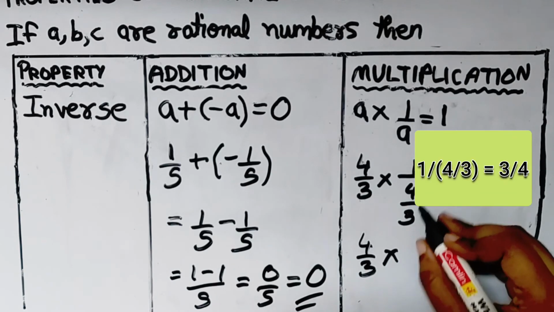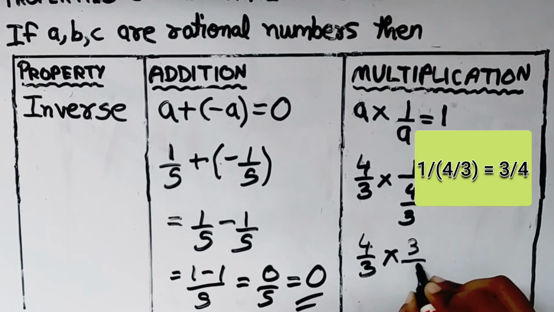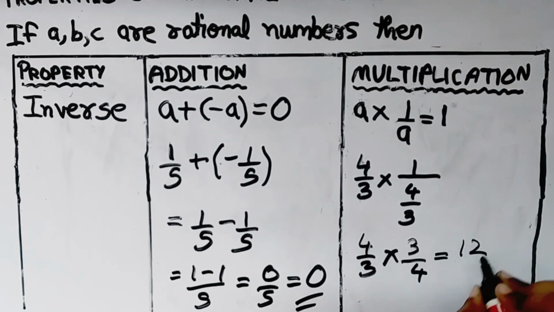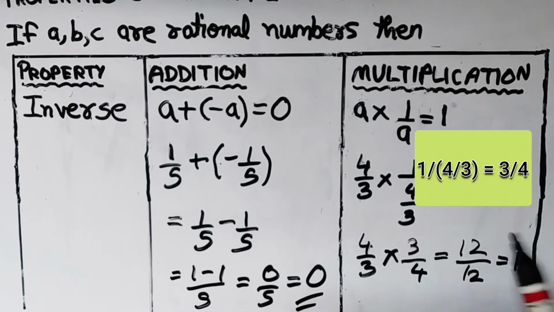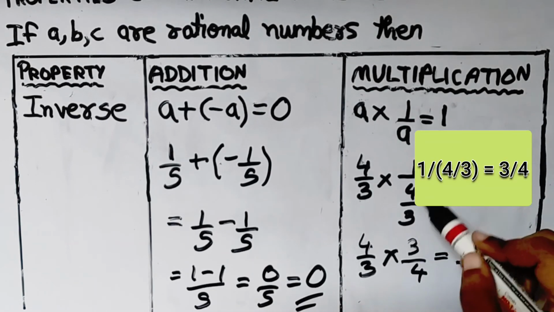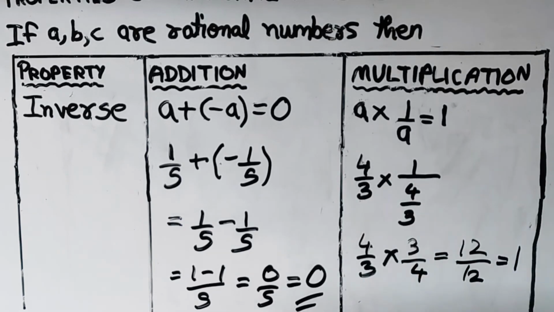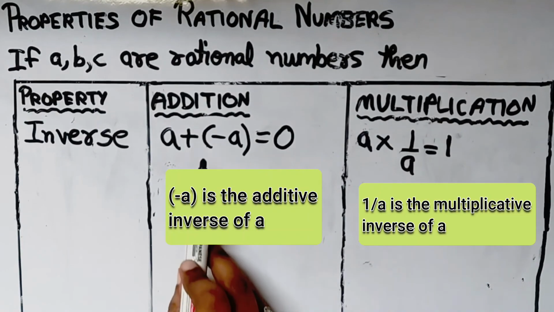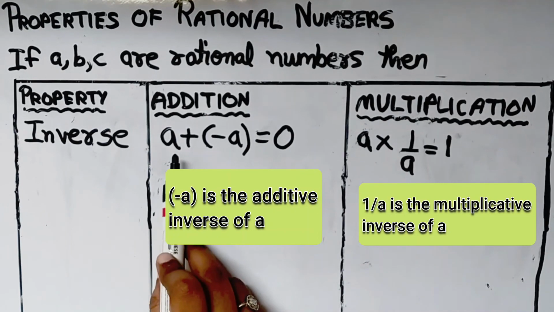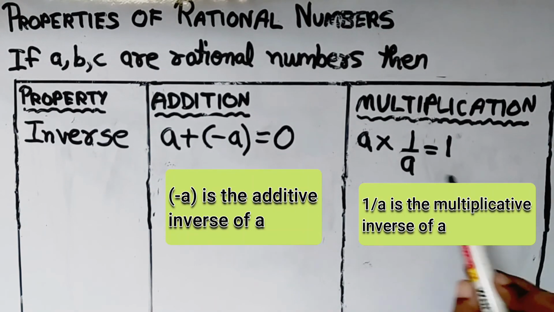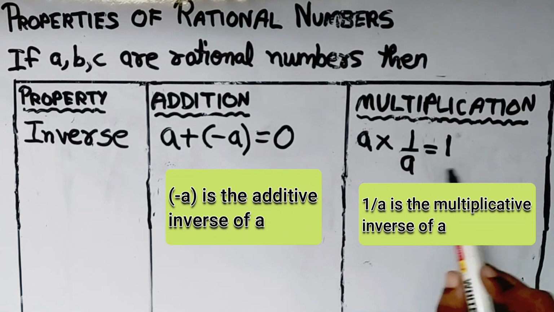The reciprocal of 4 upon 3 will be 3 upon 4. So 4 3s are 12 upon 3 4s are 12, which is equal to 1. So 3 upon 4 is the multiplicative inverse of 4 upon 3. So minus A is the additive inverse of A and 1 upon A is the multiplicative inverse of A.